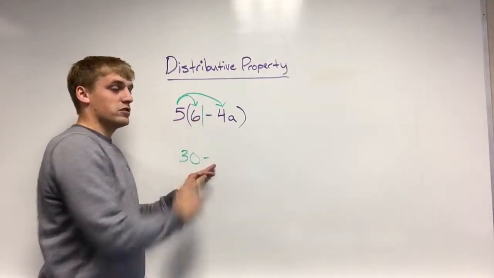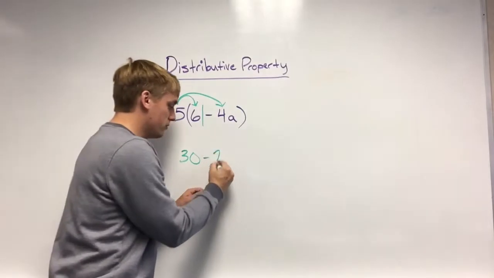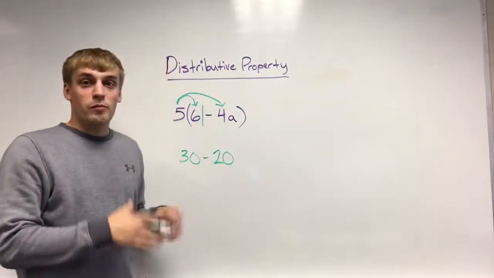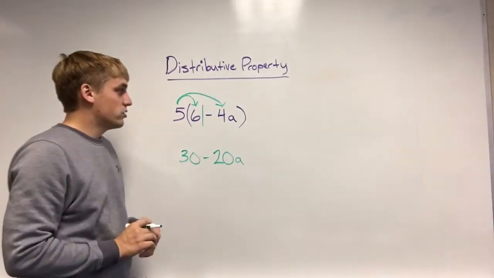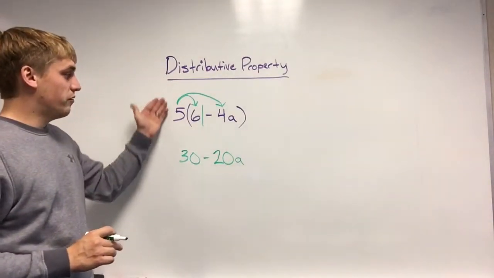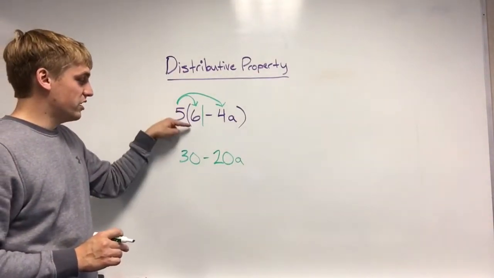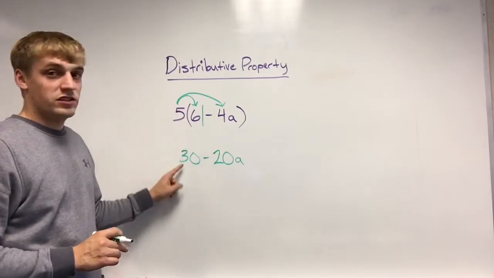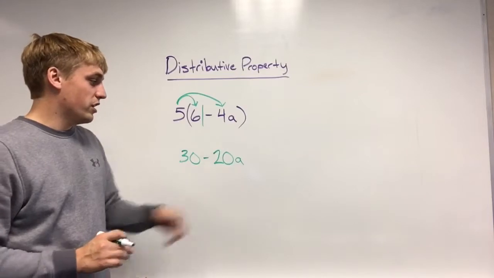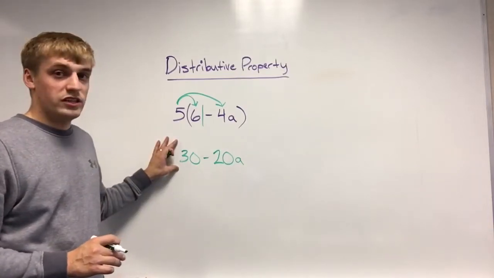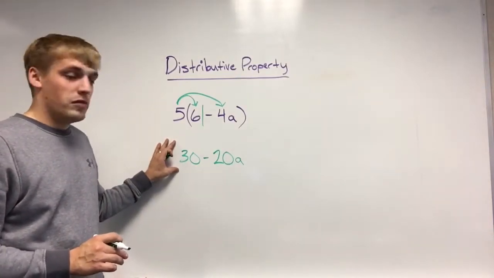Well, 5 times 4 is 20, and we don't worry about multiplying the a, we just bring the a down. So 5 times 6 is 30, and 5 times negative 4a is negative 20a. So the expression is 30 minus 20a.